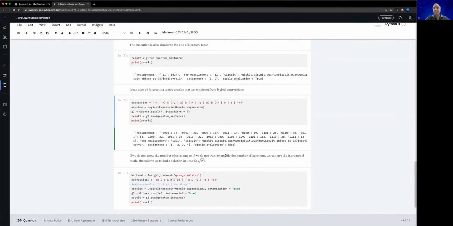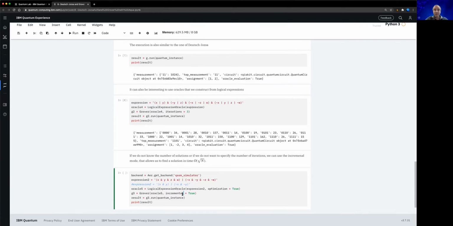Okay. Another thing that is interesting with the Grover implementation in Aqua is that we can use this incremental mode that we studied last week. If you remember, a crucial part of the execution of the Grover algorithm is to determine the number of iterations that we want to use in order to find the element.